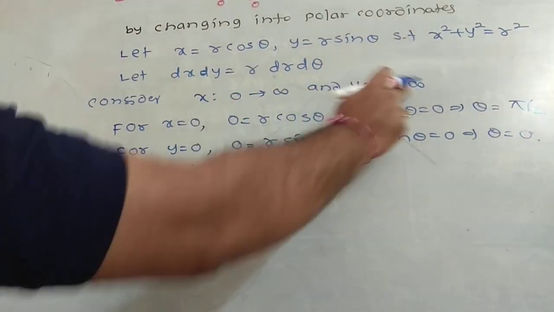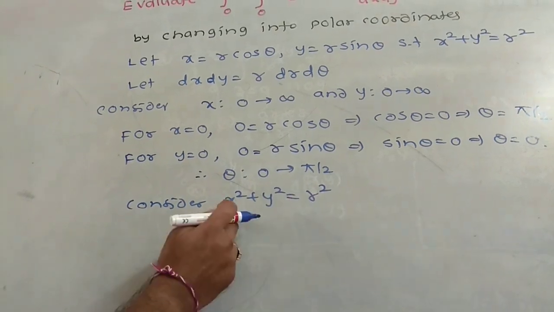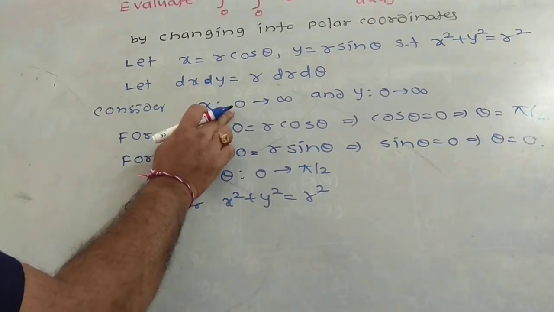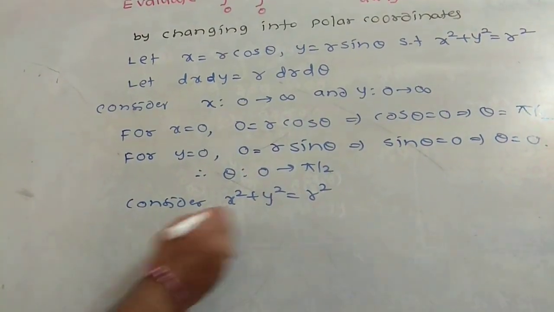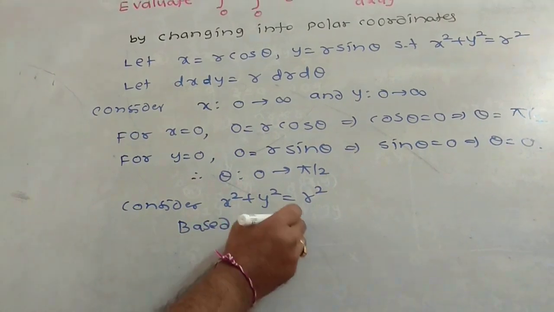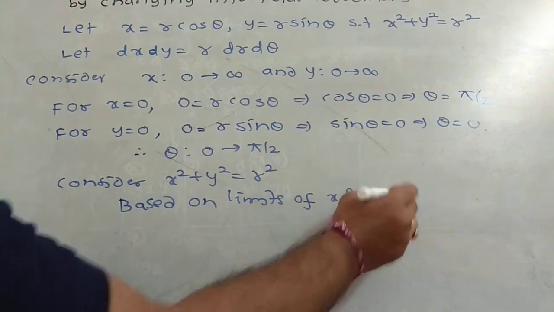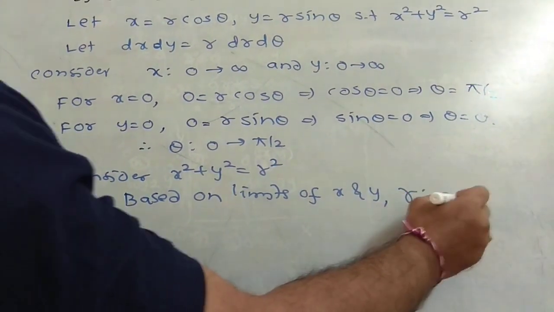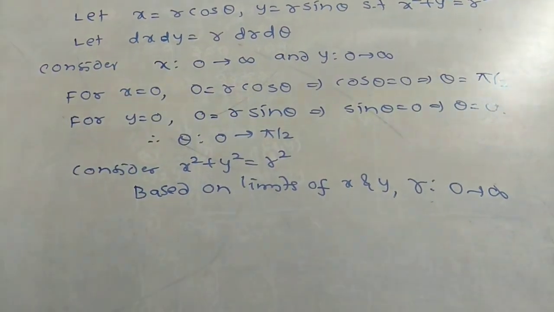Similarly, if I substitute the upper limits of x and y, infinity square, you get infinity only. Or one lower limit and one upper limit, what will be the answer? Infinity. So based on the limits of x and y, the r limits are 0 to infinity. Is it not? So the r limits and theta limits are over.